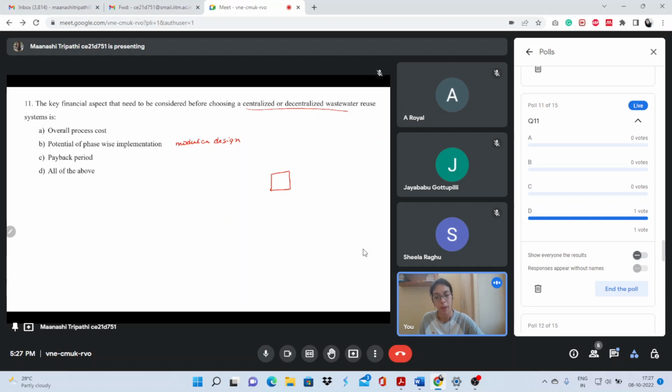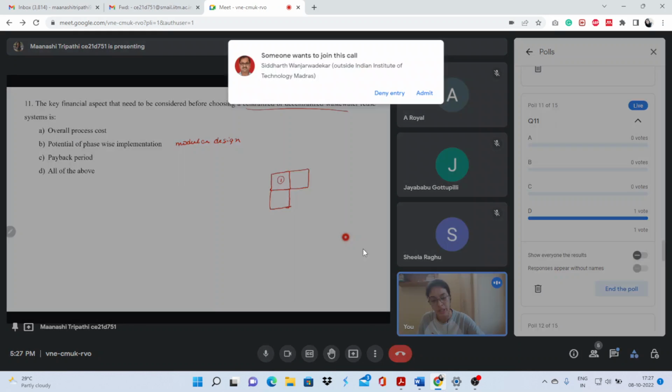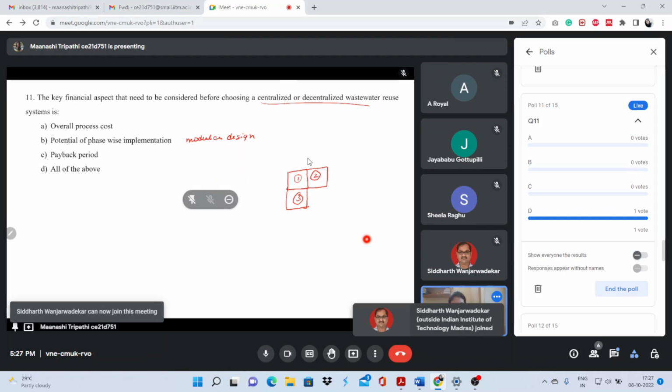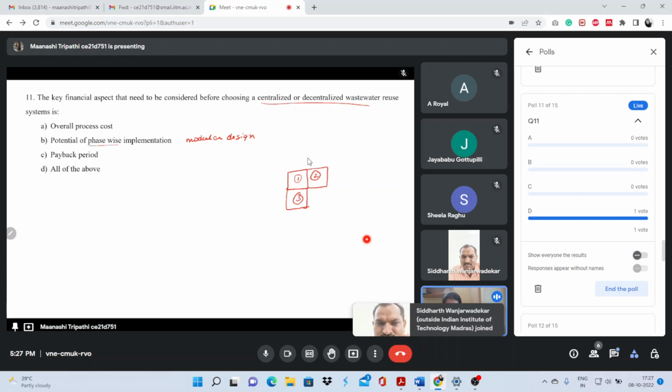So we think, okay, now we can put some more. Now after 10 more years, more people are coming, so we will install one more unit. So this is what we call modular design. First module, second module, and third module. So this is what we call phase-wise implementation.